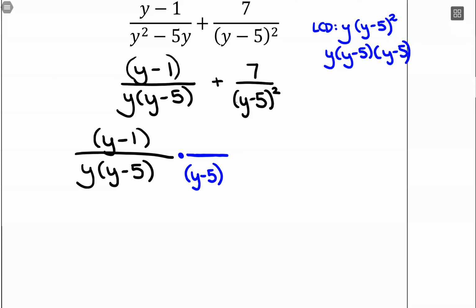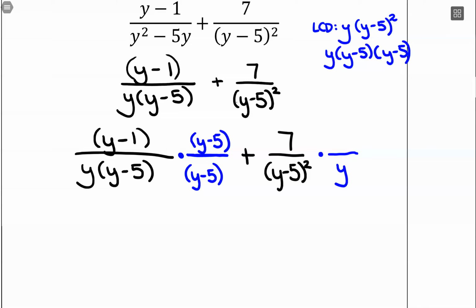And then whatever I put in the denominator, I have to put in the numerator as well. And then we have plus our second term of 7 over y minus 5 squared. So I need to multiply this, and my missing factor is just y. I already have my two y minus 5s, so I need y. And whatever I put in the denominator, I have to put in the numerator.